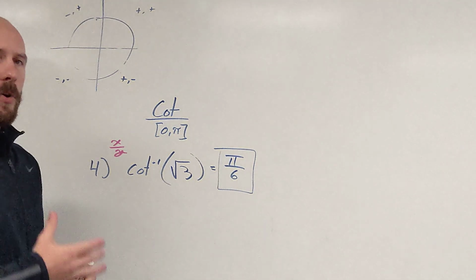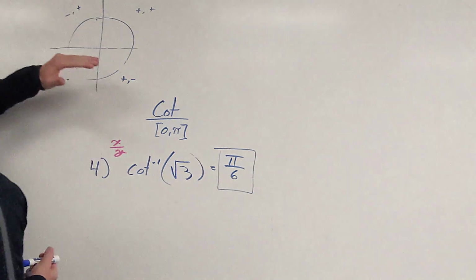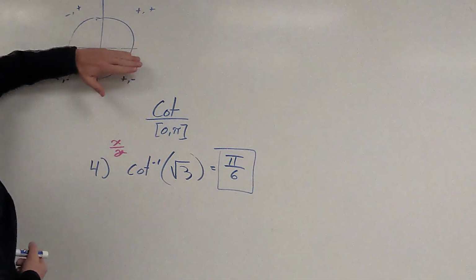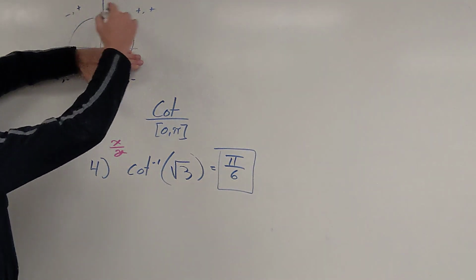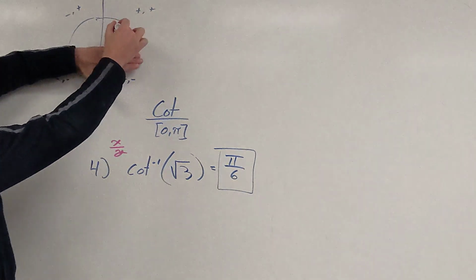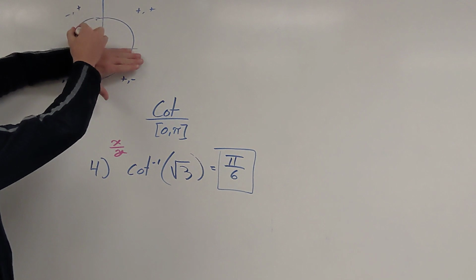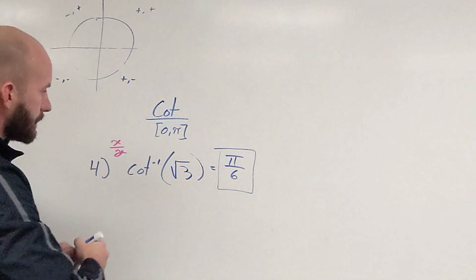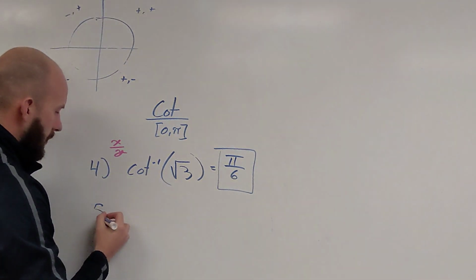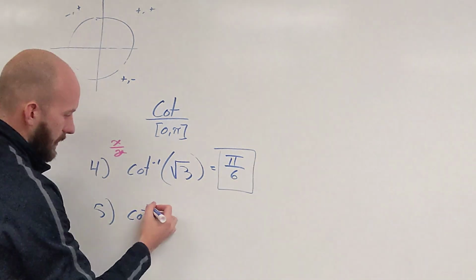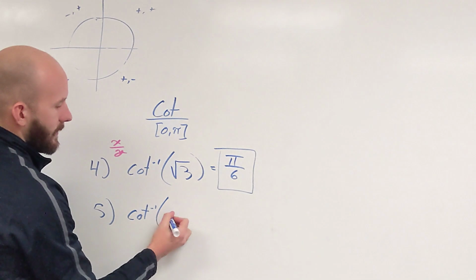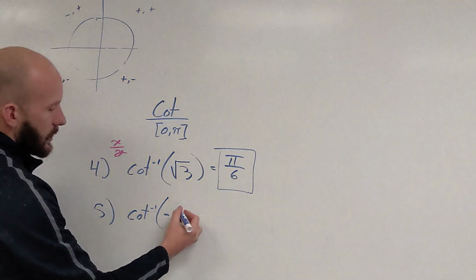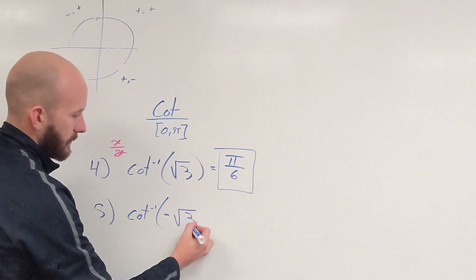Now when we start doing negative values for cotangent, remember that I have to go over here to quadrant 2, because it's 0 to pi, so my positive values are here and my negative values are over here. So let's do cotangent inverse of negative square root of 3.